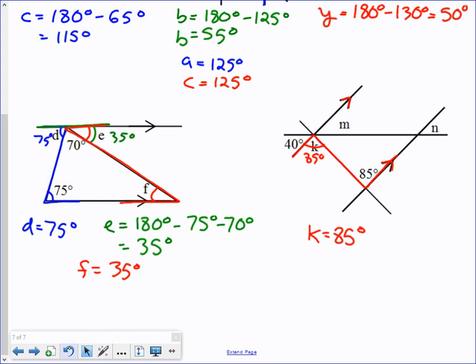M is opposite to that 40 degrees, so M is going to be 40 degrees. And once we know what M is, we can draw an F pattern, which is kind of on its side. That tells me that angle M and angle N are going to be equal, so N is 40 degrees as well.